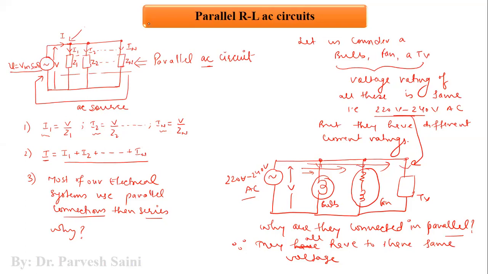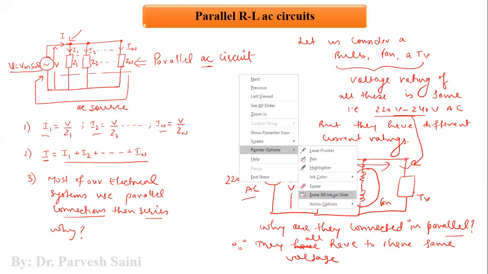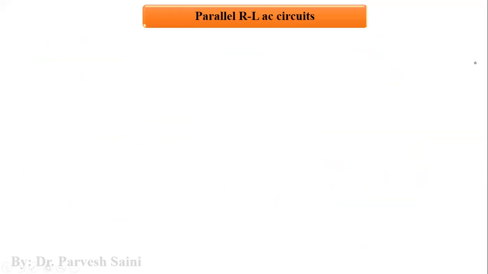Now we have the various types of parallel connections. We have parallel RL connections, we have parallel RC, and then we have parallel RLC.